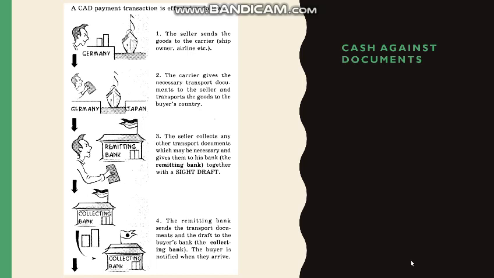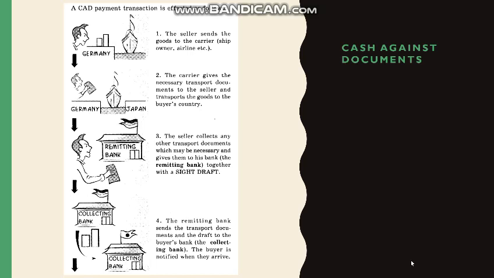The carrier gives the necessary transport documents to the seller and transports the goods to the buyer's country. 3. The seller collects any other transport documents which may be necessary and gives them to his bank or the remitting bank together with a sight draft.